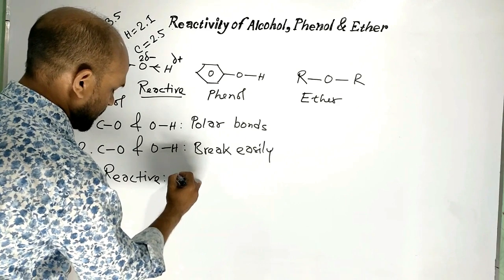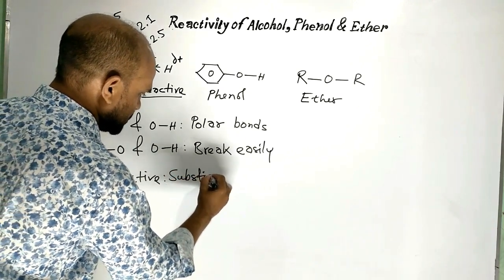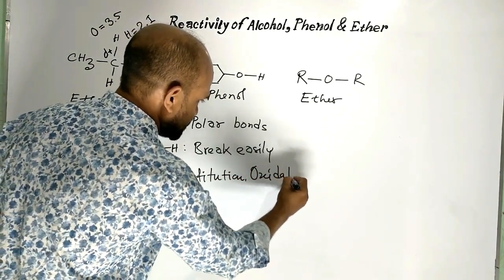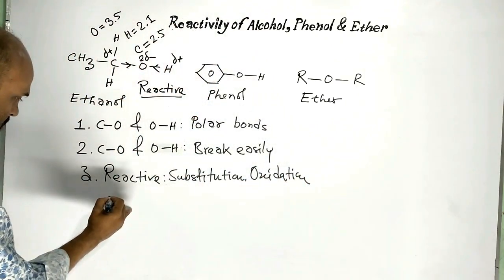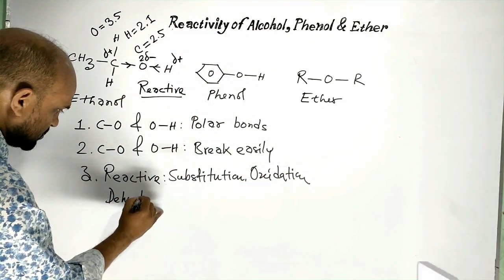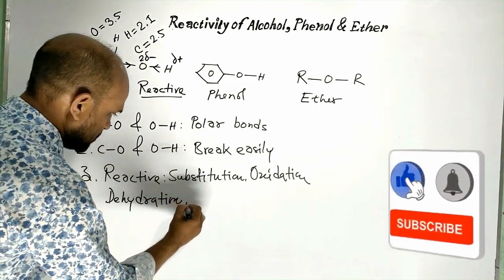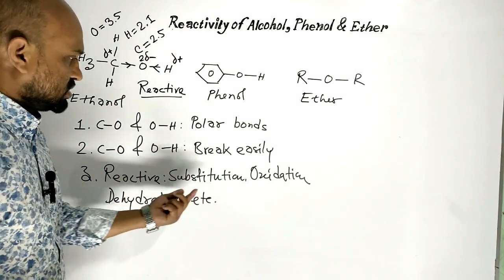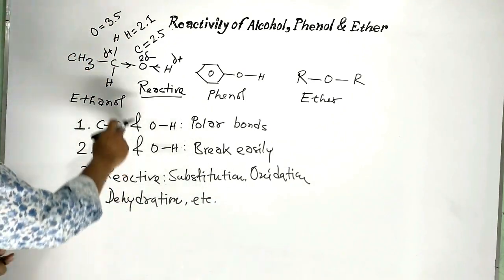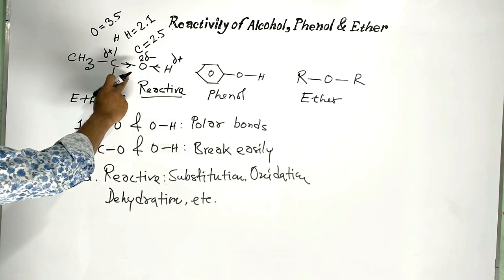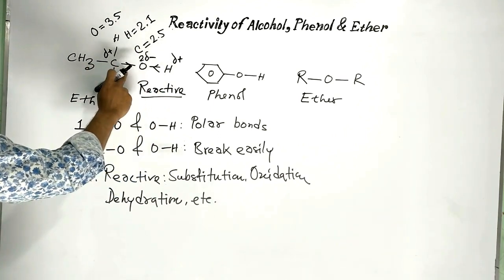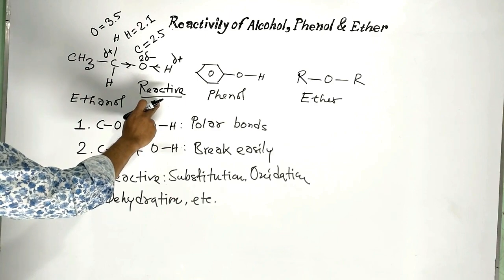Alcohol undergoes substitution reaction, oxidation reaction, dehydration reaction, etc. Alcohol undergoes different reactions because it's a reactive molecule, because carbon oxygen and oxygen hydrogen, both the covalent bonds are polar bonds. That is why alcohol is a kind of reactive compound.